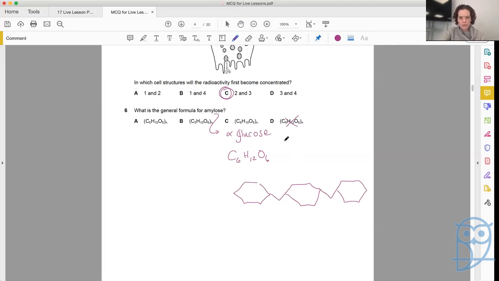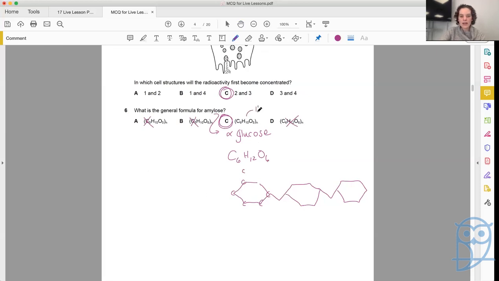What do we remove? Do we remove hydrogens, oxygens, carbons? Well, if you think about it, you've got carbon 1, 2, 3, 4, 5, 6. And you're never going to remove that carbon. That carbon is the skeleton of the molecule. So anything with a C5 is out. And that leaves us with C6H10O5. So think about that.